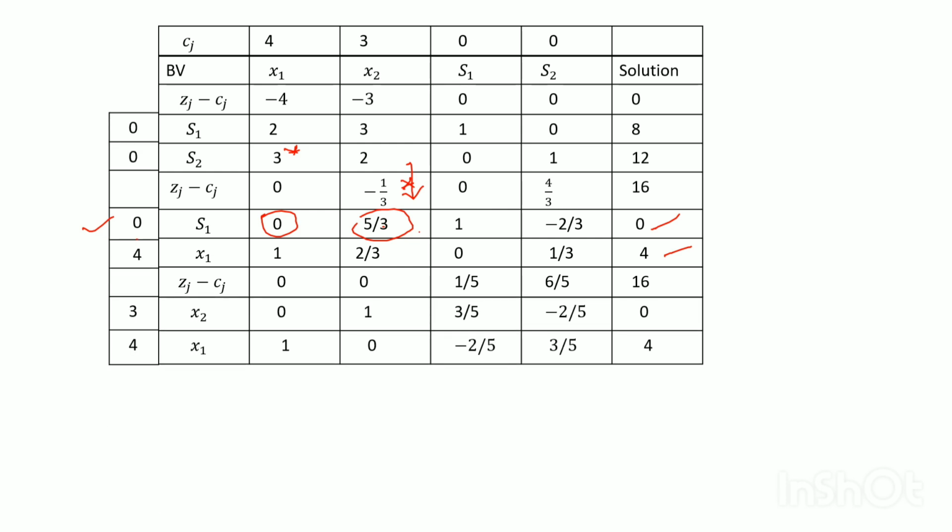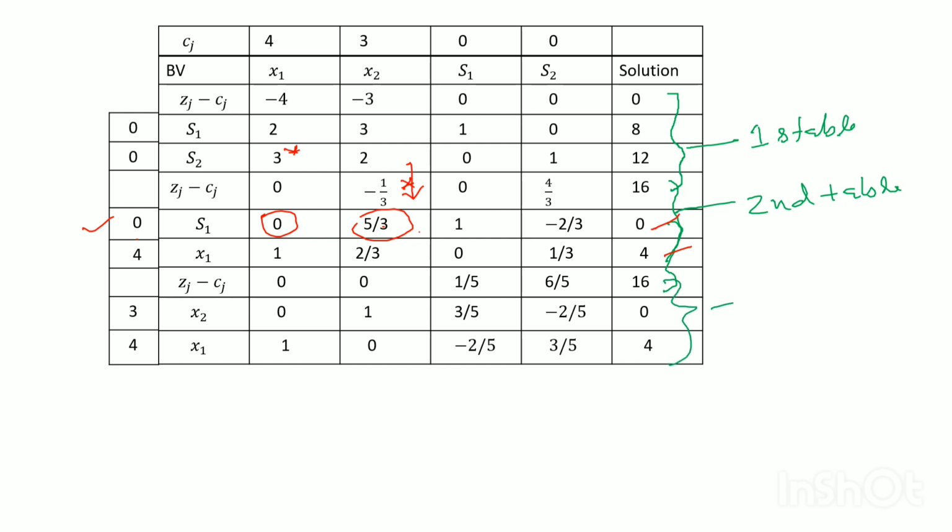Now you see this is my total solution. I create three tables: the first table, second table, and third table. This is the first table, up to S2. 16 to 16 to 4 is my second table, and 16 to 4 is my third table.